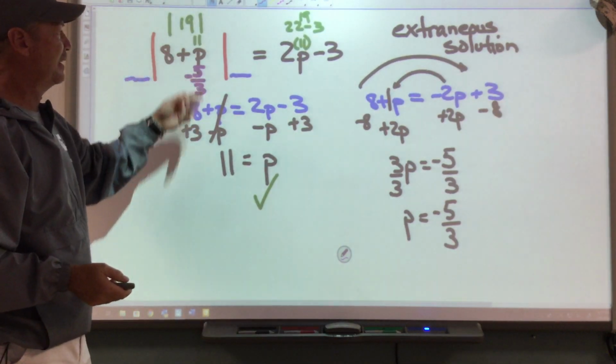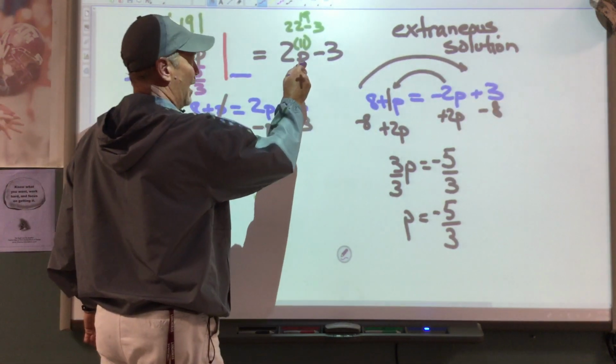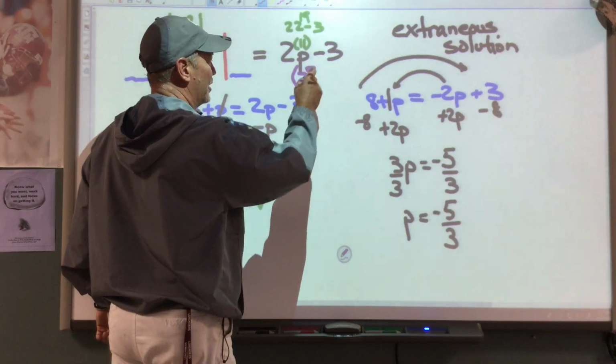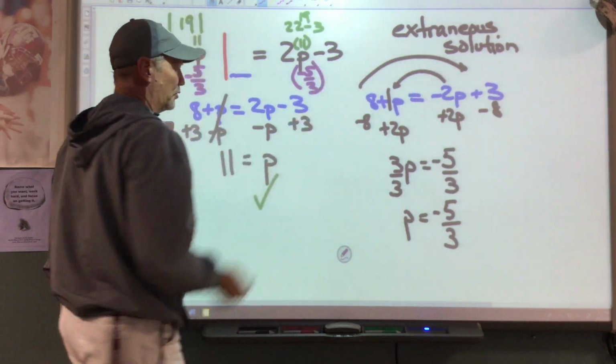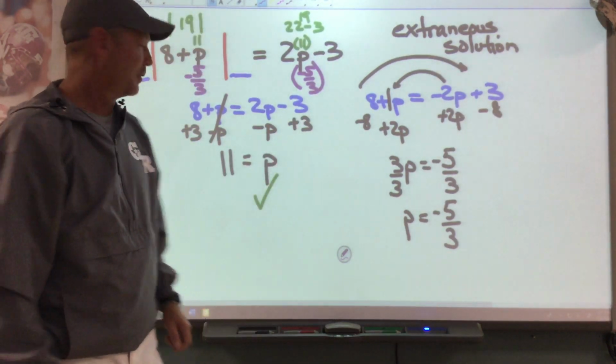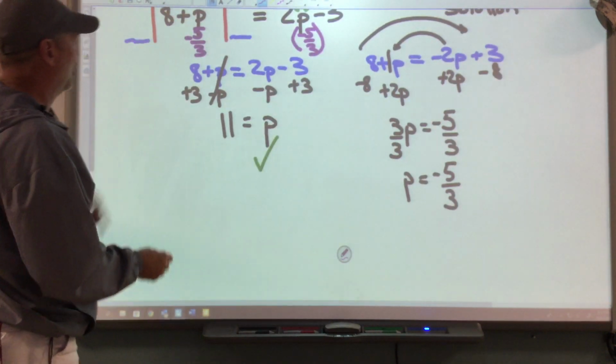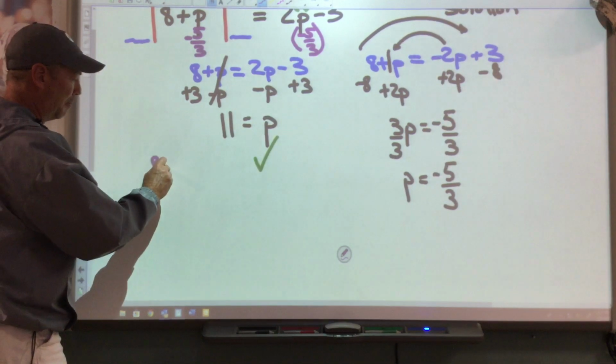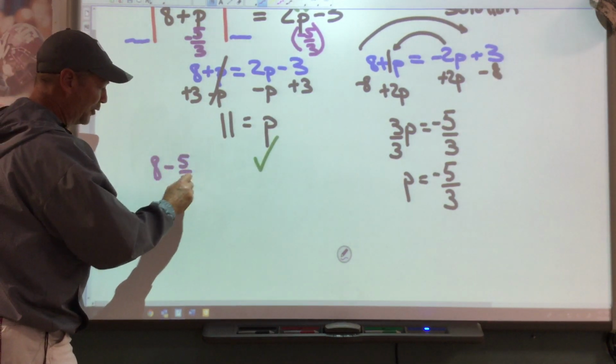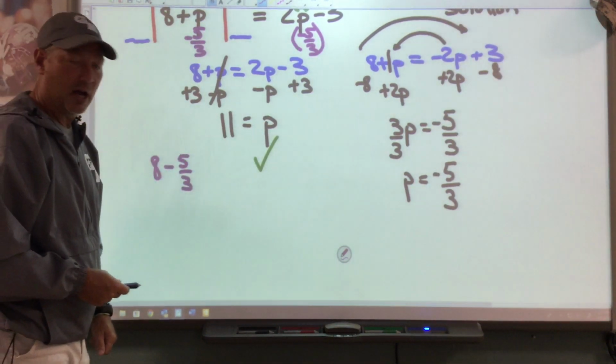I'm going to have to add that together, and then I'm going to come over here and substitute in a negative 5/3 here also. So we're going to have to do a little bit of math. Let me extend the page a little bit. I'm going to have to go 8 minus 5/3. I need to get a common denominator.